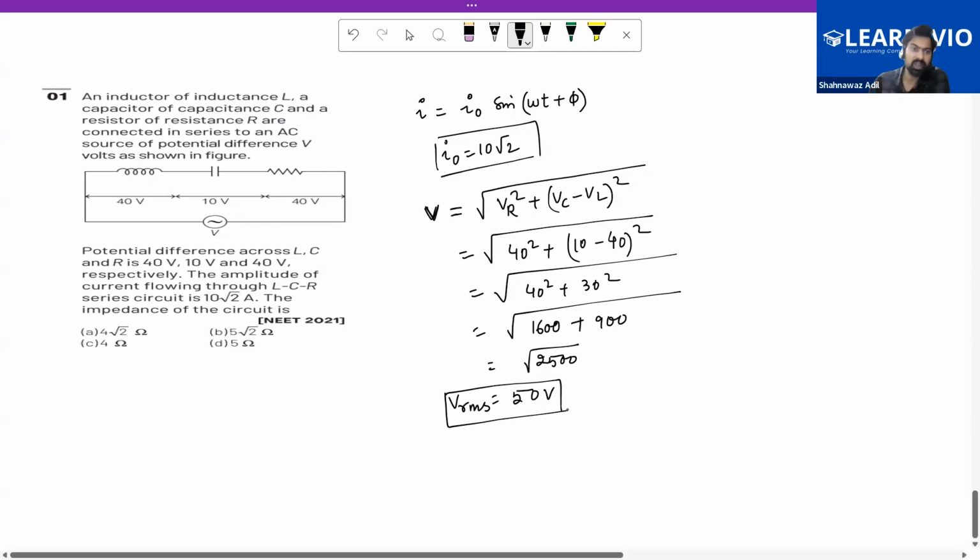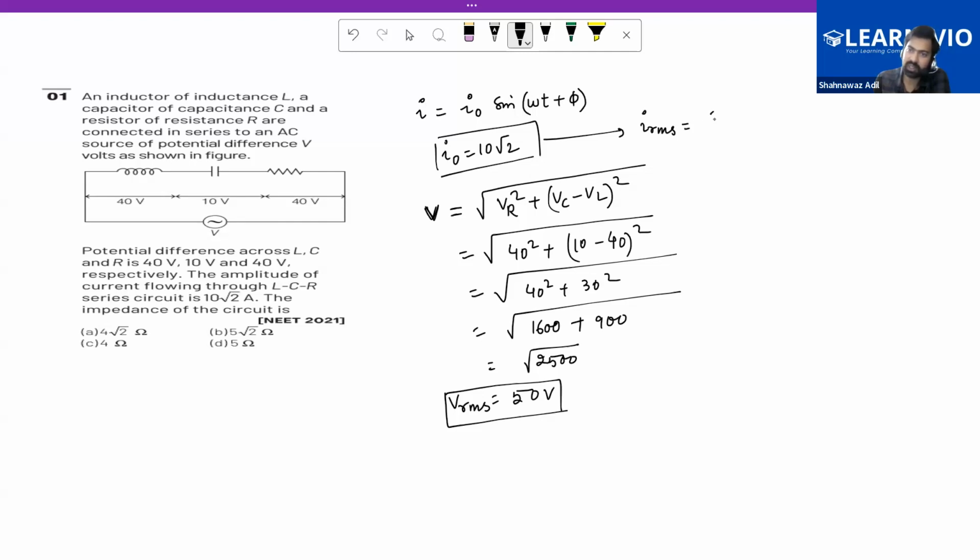That is the RMS value, right? I naught is given, so we can calculate the RMS value. IRMS is I naught by root 2, so this would be 10 root 2 divided by root 2. So this root 2 will cancel and IRMS is 10. So IRMS is 10, VRMS is 50. So we can calculate the impedance.